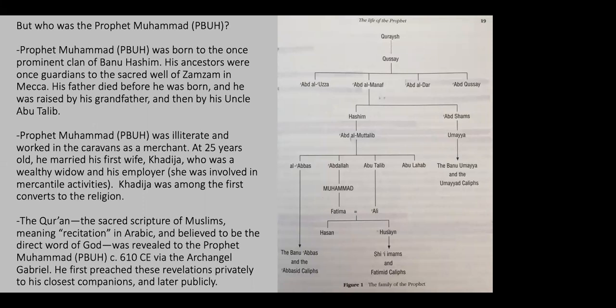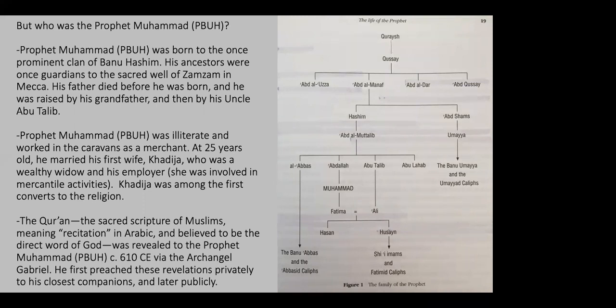So the Prophet Muhammad was raised by his grandfather and later by his uncle. This family tree that you're seeing here is from a famous text by the Islamic historian Ira Lapidus, so you can look that up in the bibliography later. The Prophet Muhammad, peace be upon him, was illiterate. He worked the caravans his whole life as a merchant.